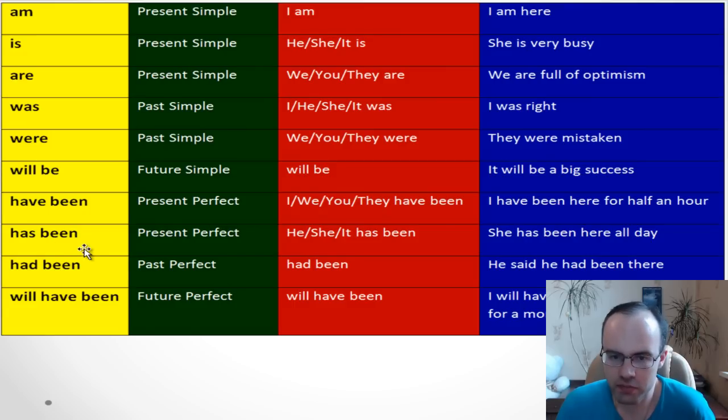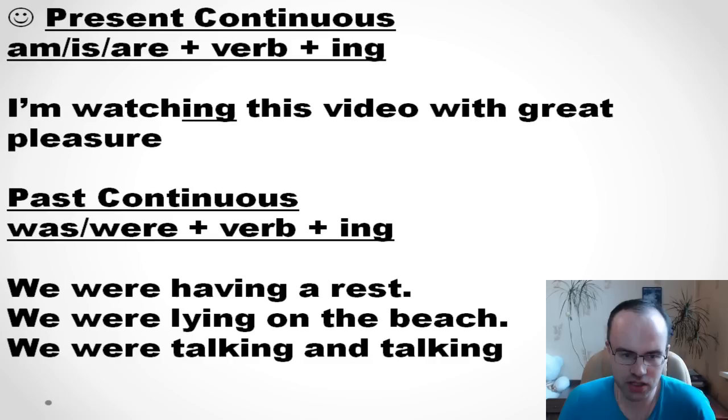And let's look at have been and has been. Right, so you see that we use have been and has been, and we call this tense present perfect. It's absolutely correct, you're absolutely right, my friend. But maybe you forgot one very important thing, that it can be present perfect continuous.